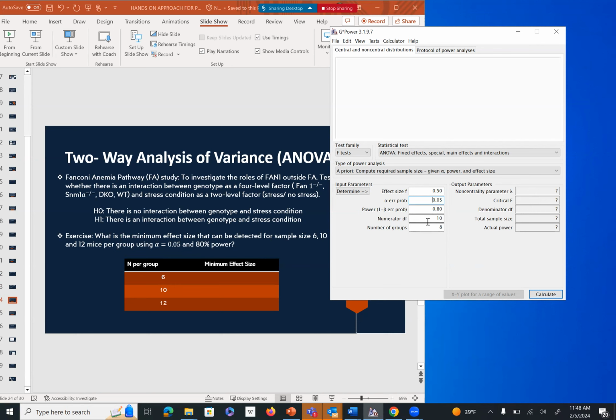For example, if we are just looking at genotype, it's a 4-level factor, so our numerator will be 4 minus 1, 3 degrees of freedom. If we were just looking at stress, then our numerator would be 2 minus 1, so 1 degree of freedom. If I'm looking at the interaction, it is 4 minus 1 times 2 minus 1, so 3 times 1, and my numerator degrees of freedom would be 3.